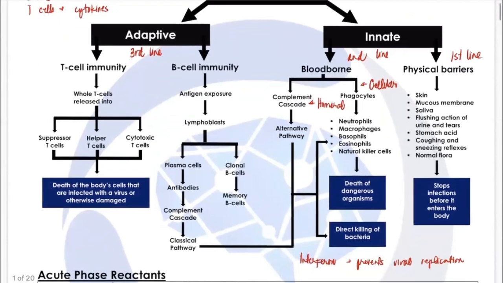So yung antibodies, yung major component no of the humoral adaptive immunity. Okay?